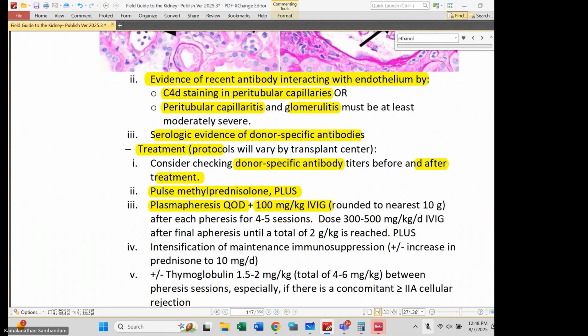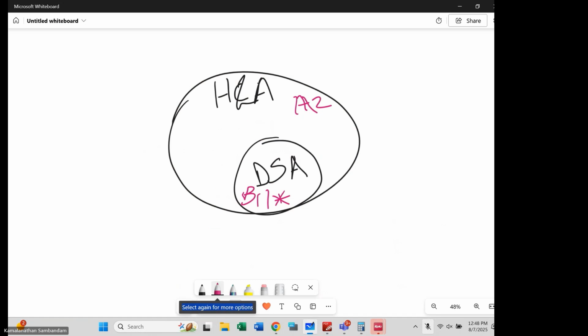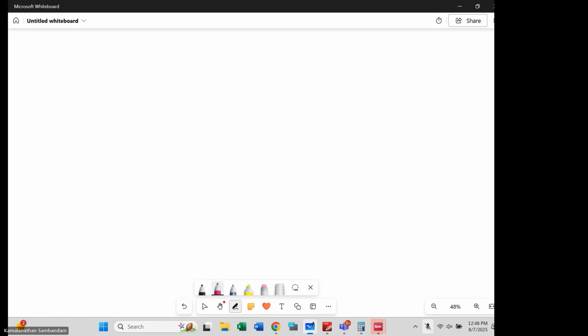And I suspect the protocols that are used are just translations of things that transplant nephrologists do, including managing tumor rejection. They typically give IVIG post-pheresis. And I told you and Andrew, what you're trying to do is avoid the post-pheresis rebound antibody production that might occur.